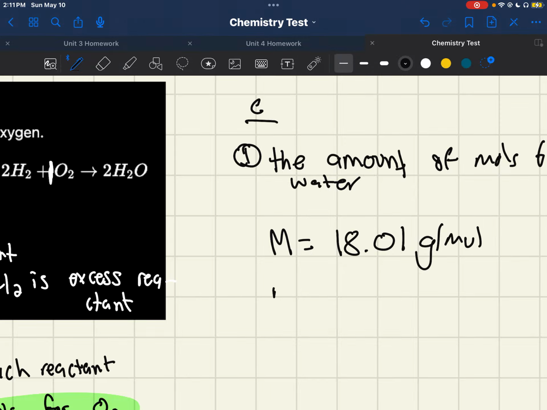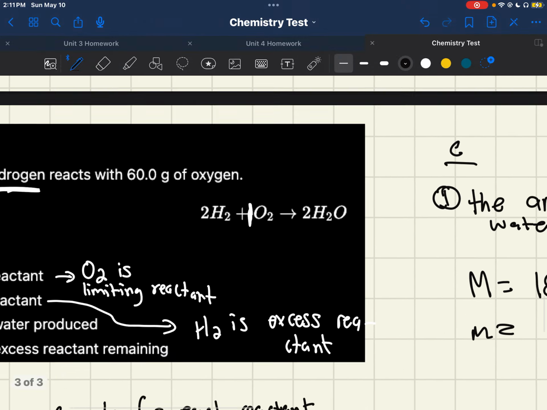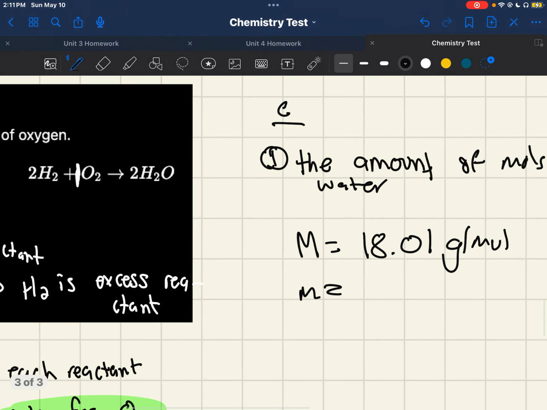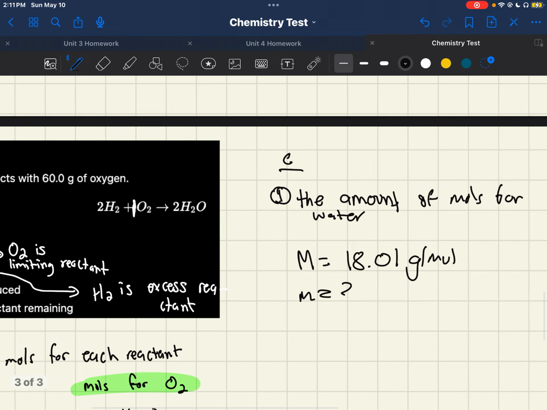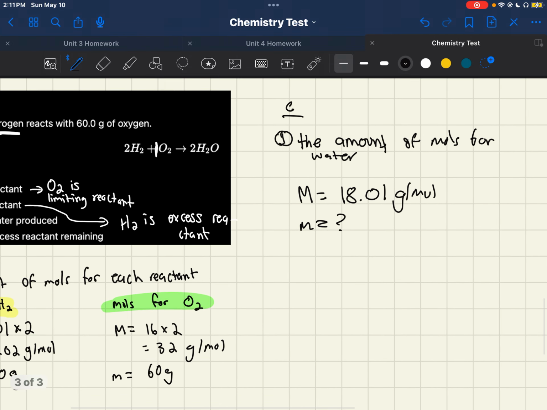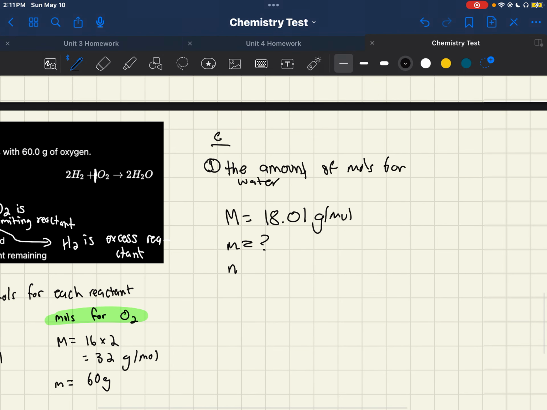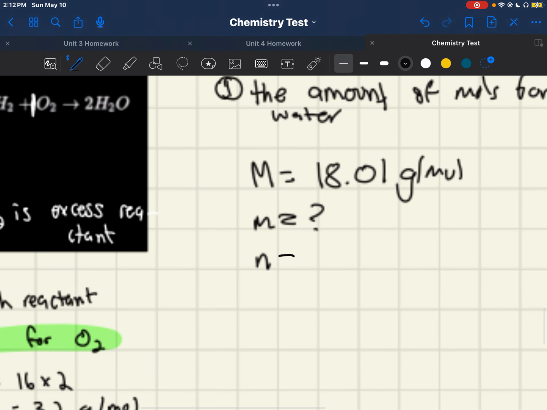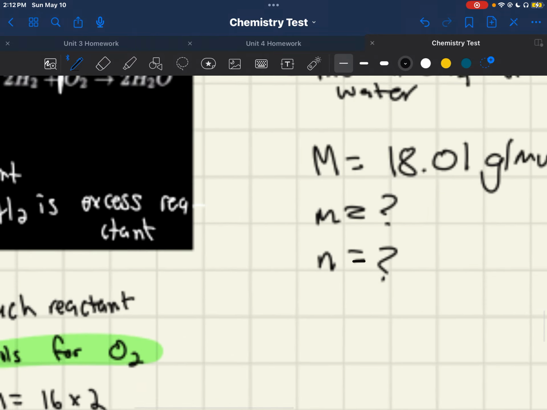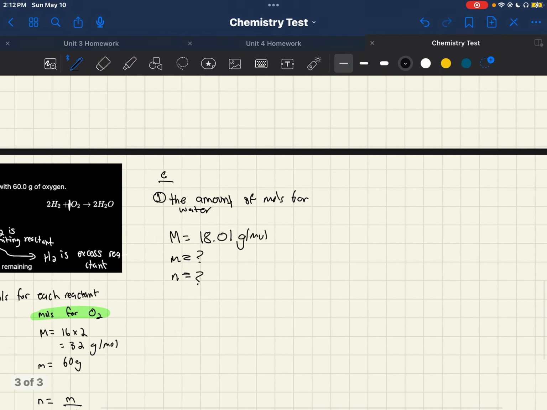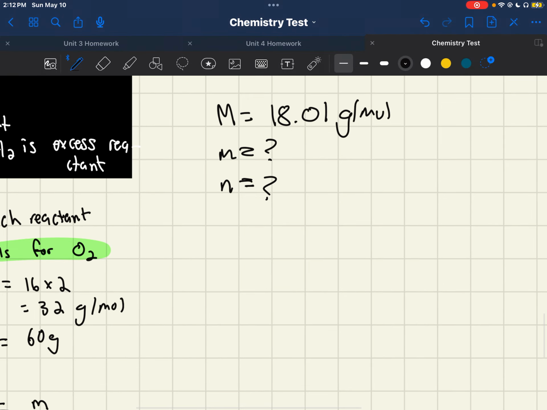It doesn't really matter. The mass is what we're trying to find, and the moles is also what we're trying to find.